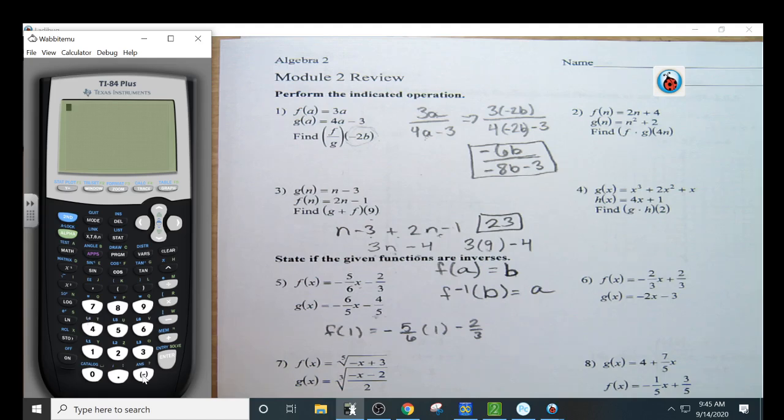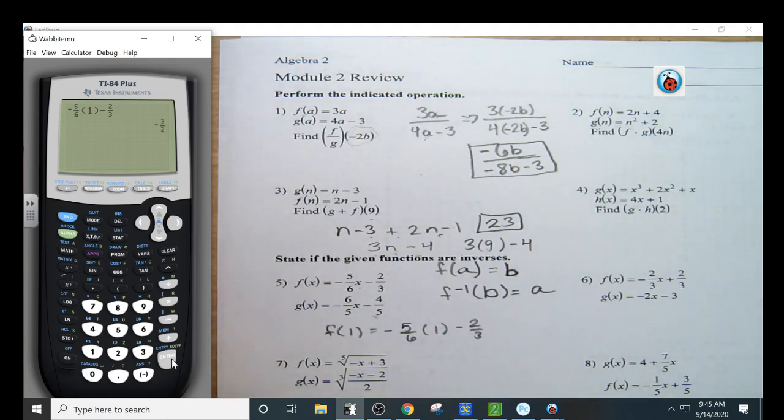Now, if I take that and plug it in on my calculator, and then I'm going to put in that 1 there. All right, so I'm going to evaluate that and see what I get.